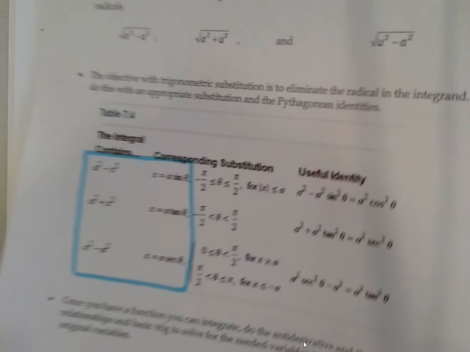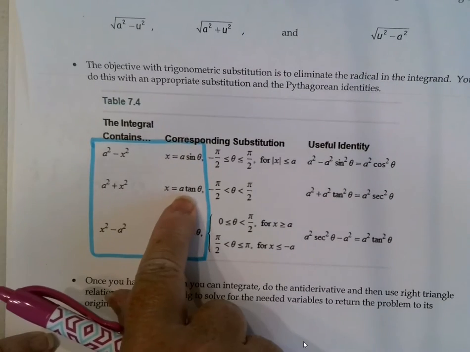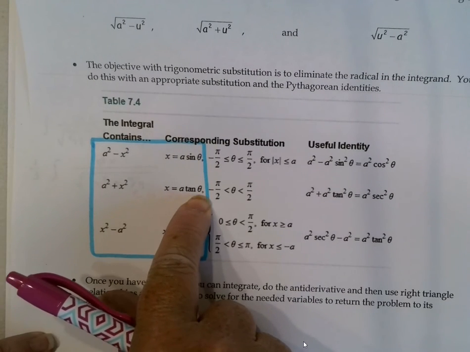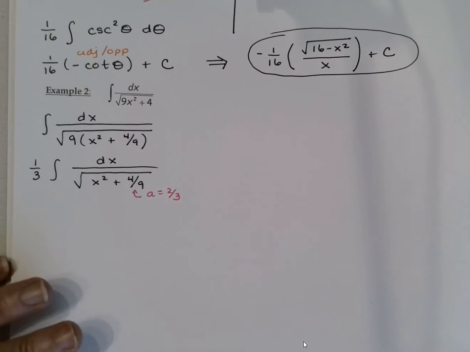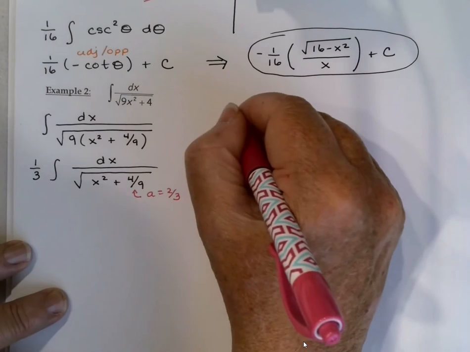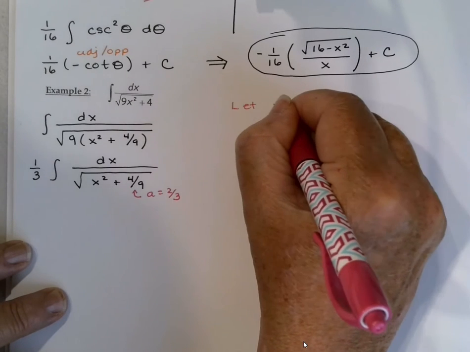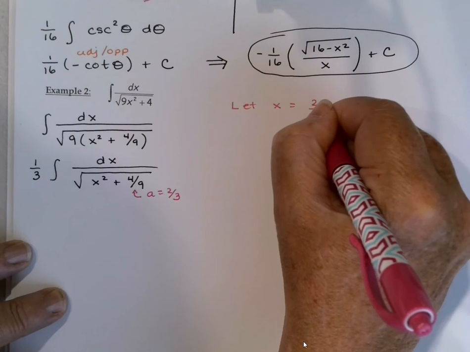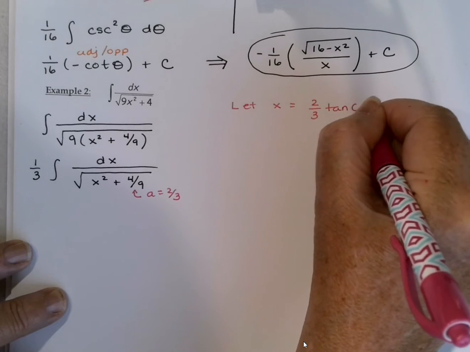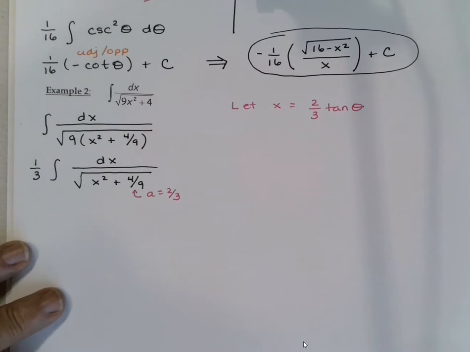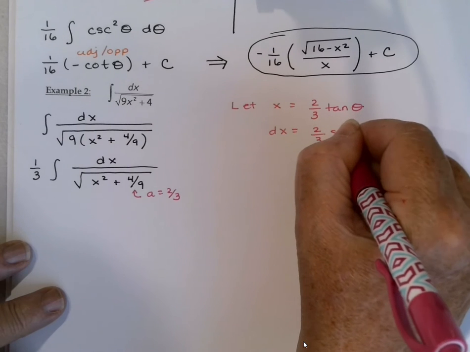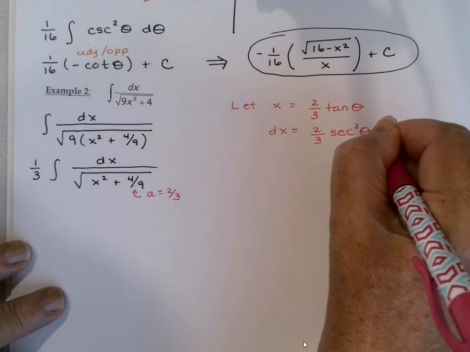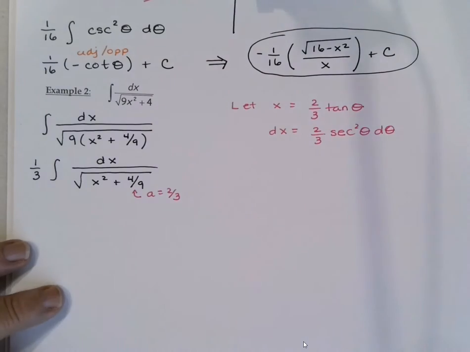And according to my little cheat sheet here, I then want to let x equal 2/3 tangent theta. All right, that means that dx would be 2/3 secant squared theta d theta, and that's what I'm going to plug in here into my integral.